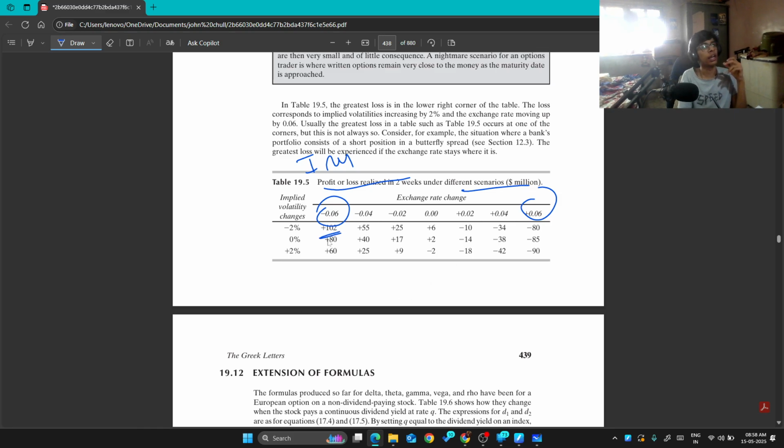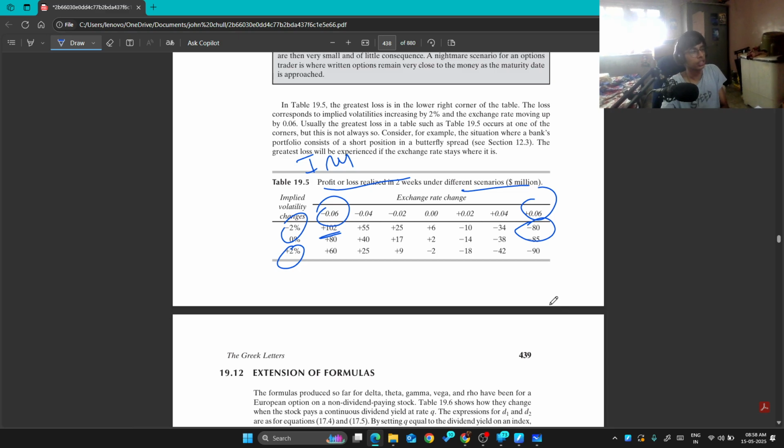See, at the start we have a profit of 102, and at positive 0.6 we have a loss of 80, with implied volatility changes of minus 2%, 0, and 2%. You can see how scenario analysis helps us make hedging strategies and helps us in risk management.